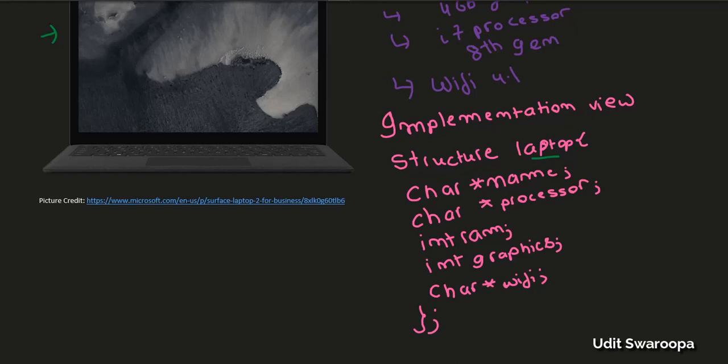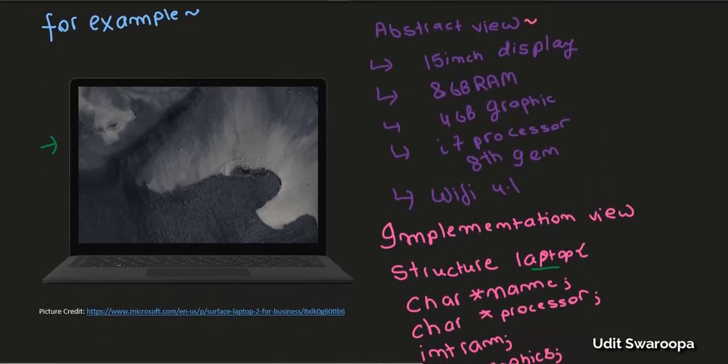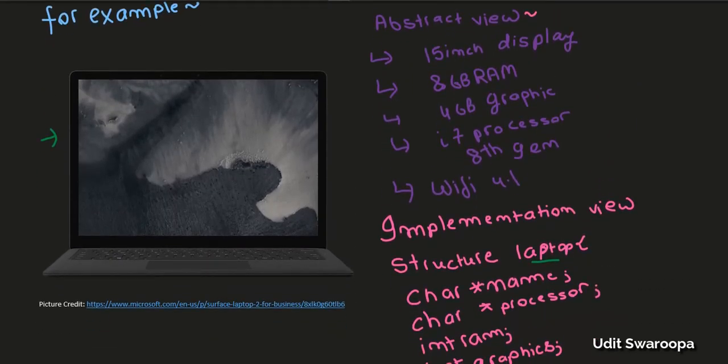The reason behind having two types of view is that in different computer languages, the implementation is different. For example, in C language we are using structure. In most object oriented programming languages like C++, Python or Java, we use classes, and using classes we create objects.